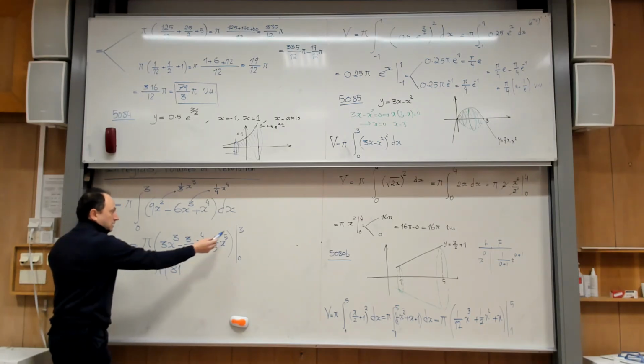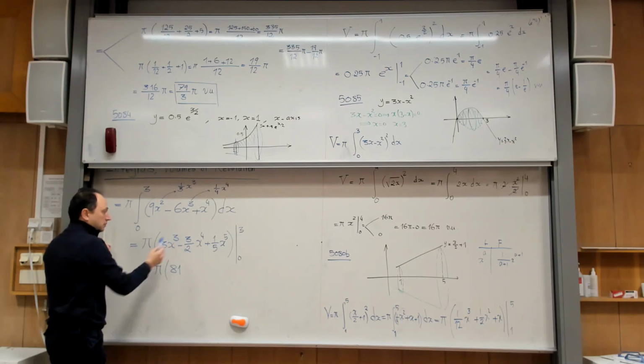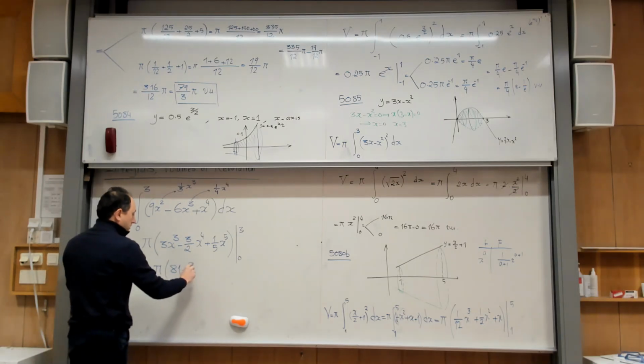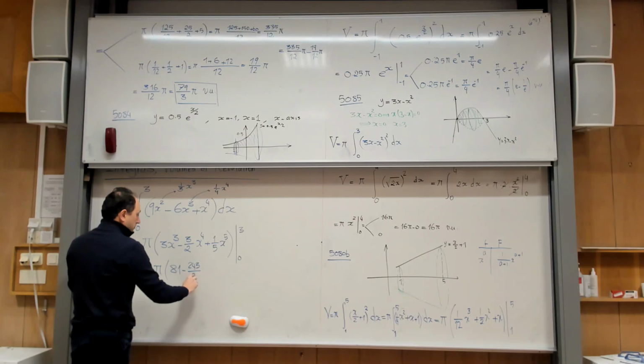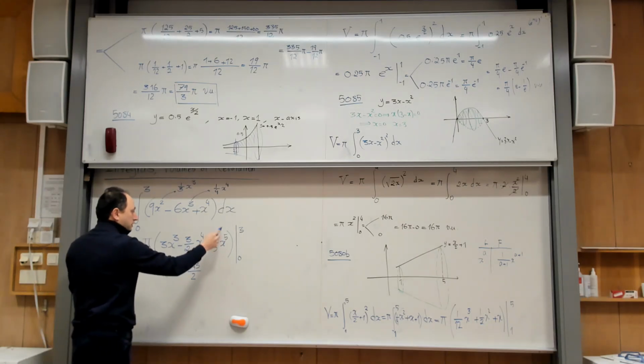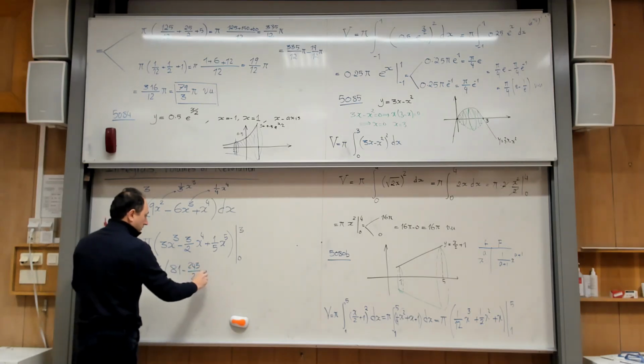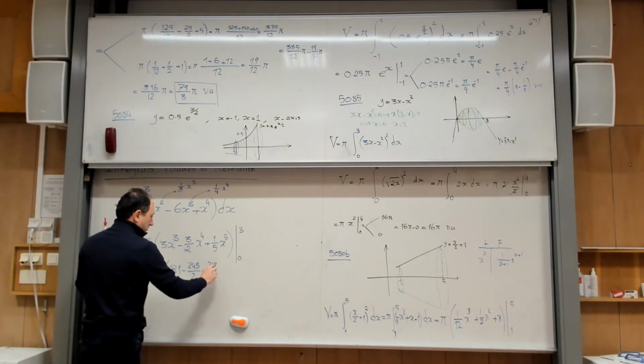I put this here. 3 to power 4 is 81. Multiplied by 3 is 243. Divided by 2. Okay, and then if I put 3 here, 3 to power 5 is 243 divided by 5. That's it.